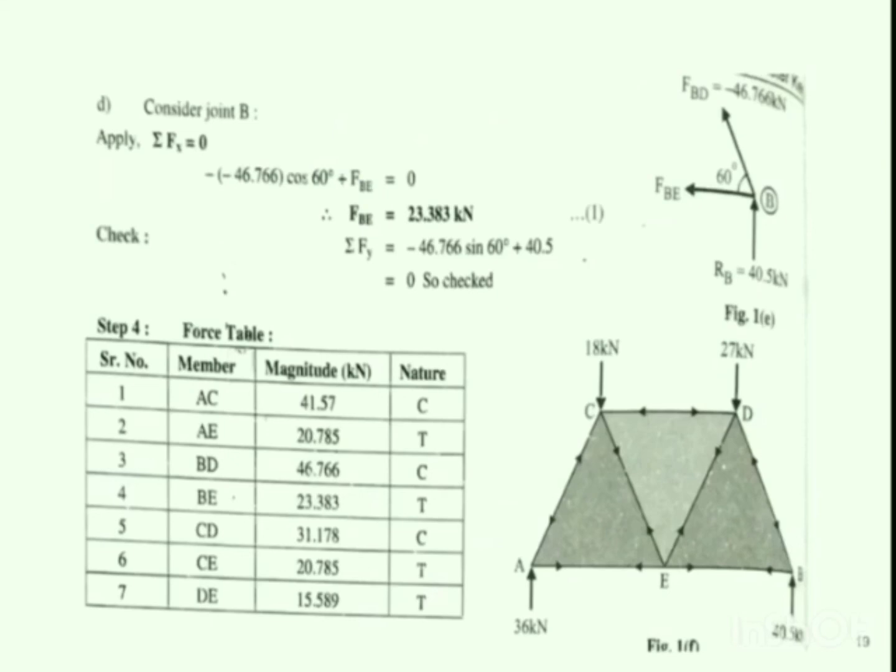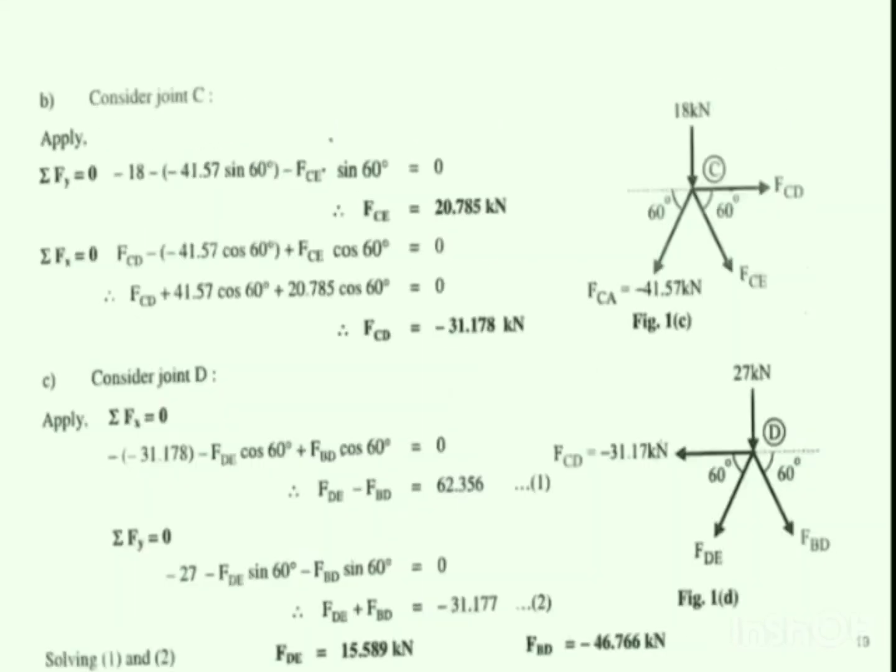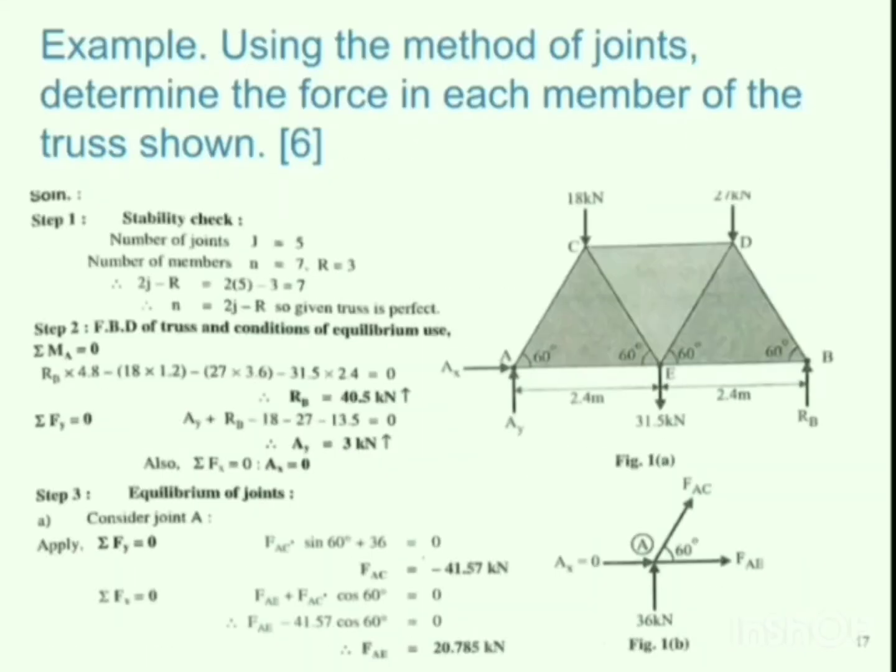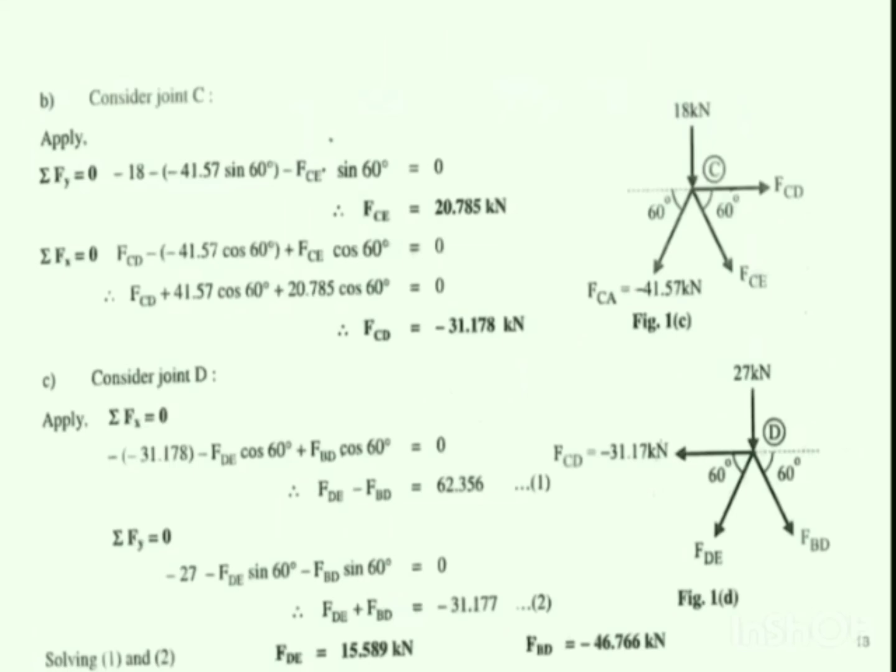When we were solving the support A, we called the member force FAC. Now when we are solving the joint C, we are calling the same force in the member CA, whereas it carries the same magnitude as we calculated in the previous step, but with a negative sign.